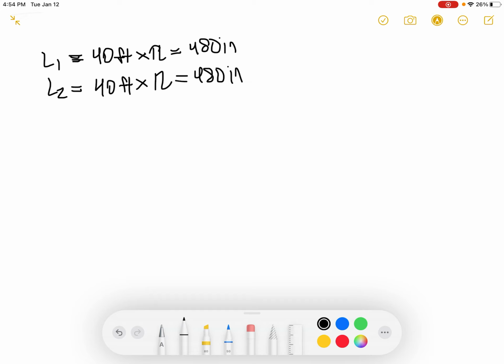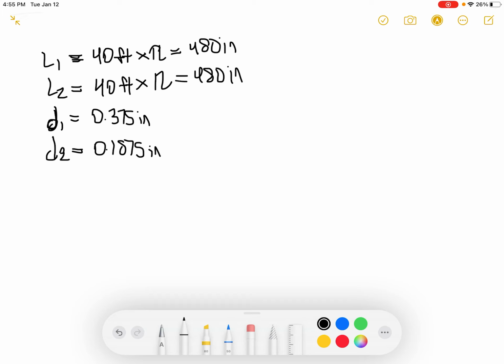Now, the next number we see is a diameter of 3/8 inches, which, let's put into decimal form, is 0.375 inches. And the diameter for the second wire is 0.1875. It's 3/16, but it's the same thing.